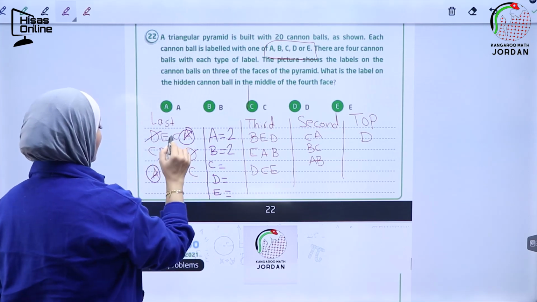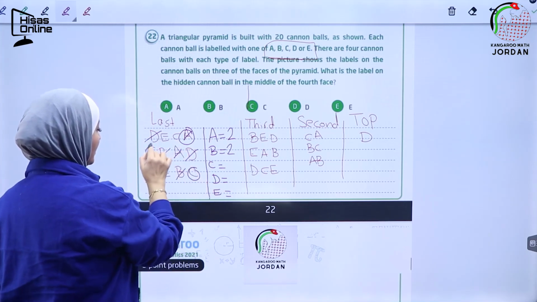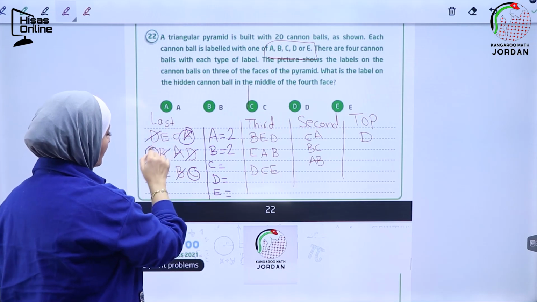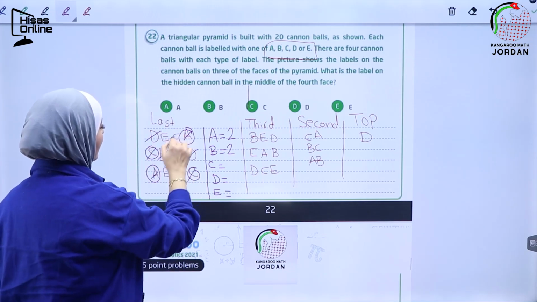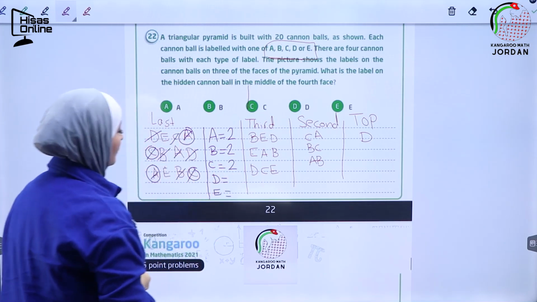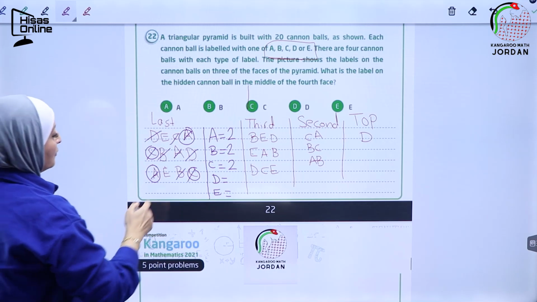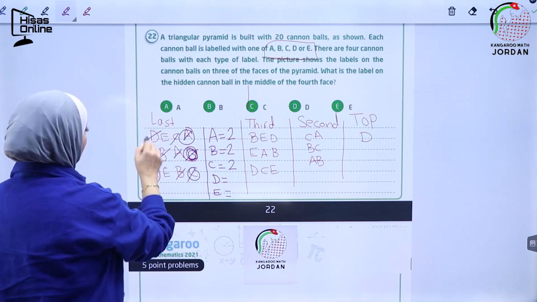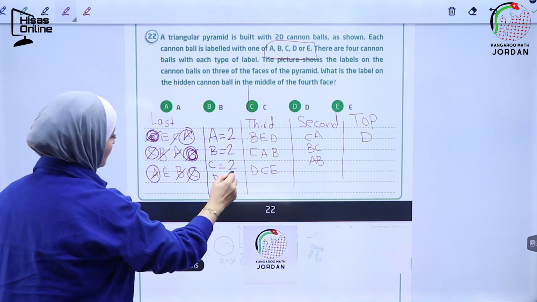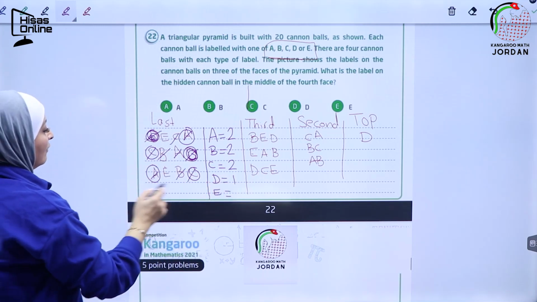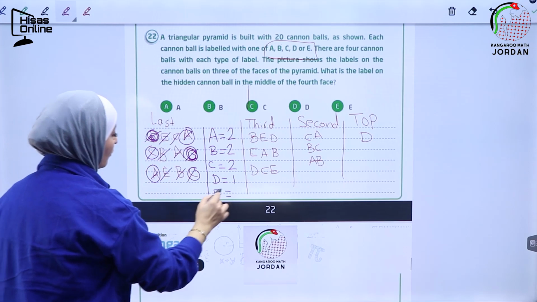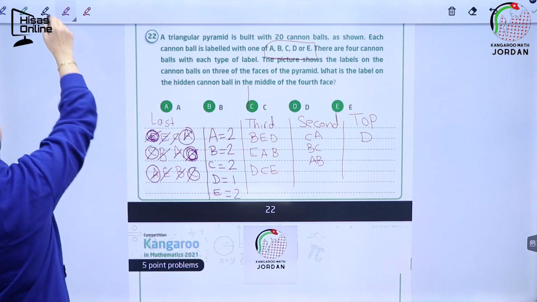And the C, we have one repeated on the corner, so this is one ball of C, and here we go, another one, so it's two. And about the D, we have only this one and that one, which is the same, so it's one ball of D. And finally, E, we got two balls. Okay.